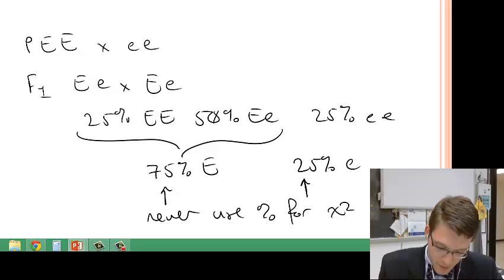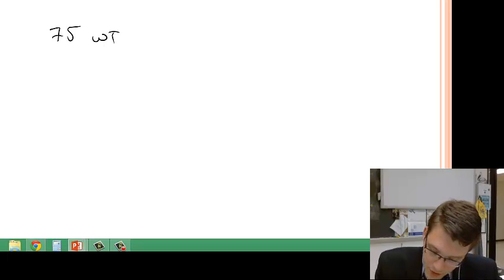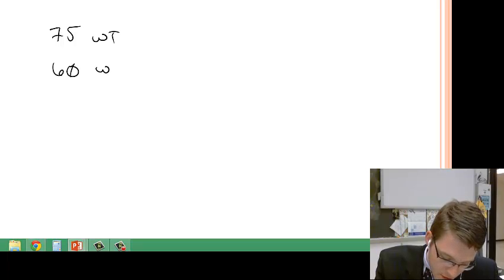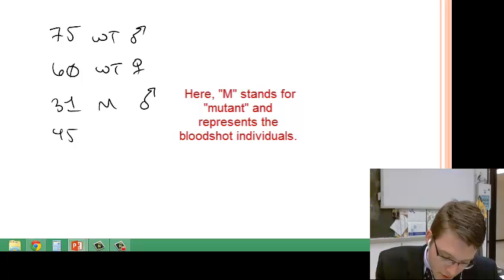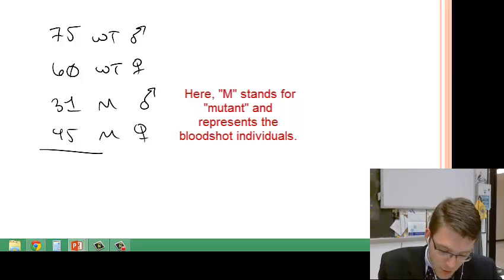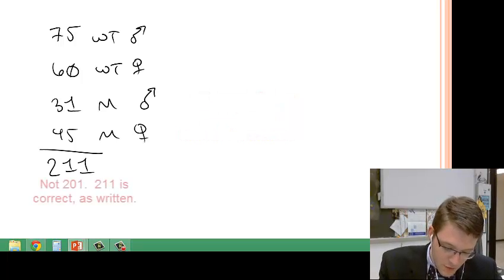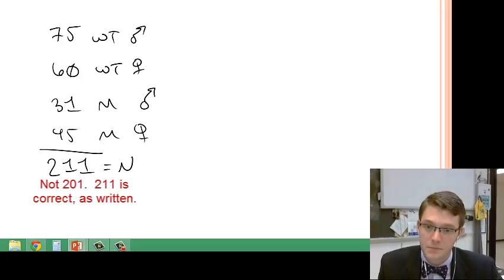So in our experiment, we indicated that there were 75 wild-type males, 60 wild-type females, 31 bloodshot males, and 45 bloodshot females. And if we sum all of those numbers together to get our total population, we end up with a population of 201 individuals.